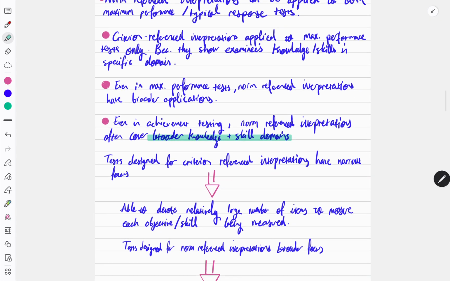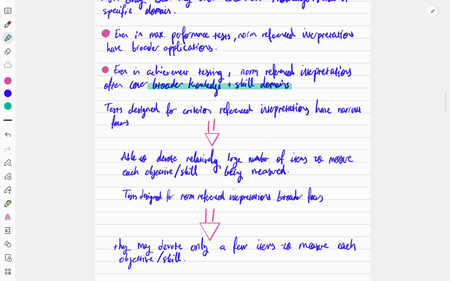Test design for criterion reference interpretations: they have a narrow focus, and they are able to devote a relatively large number of items to measure each objective.